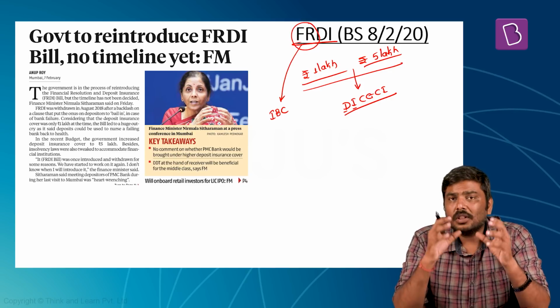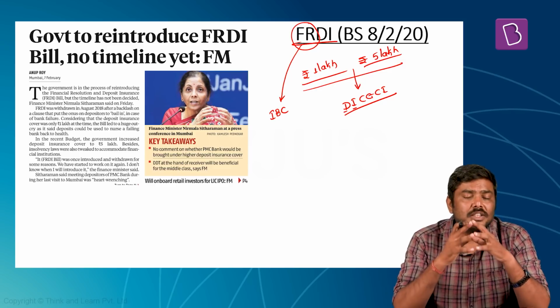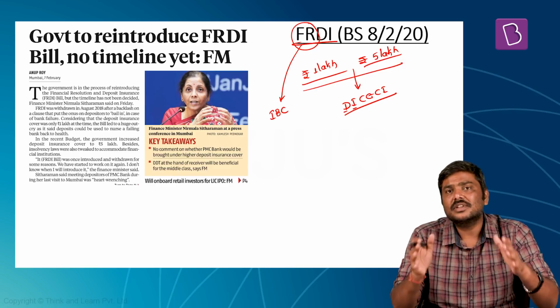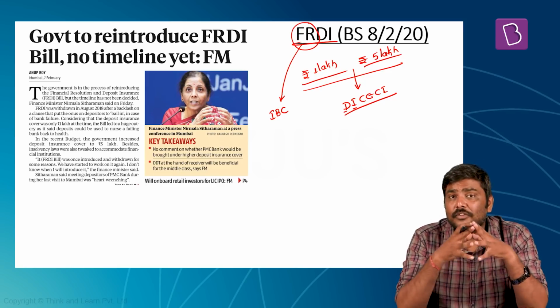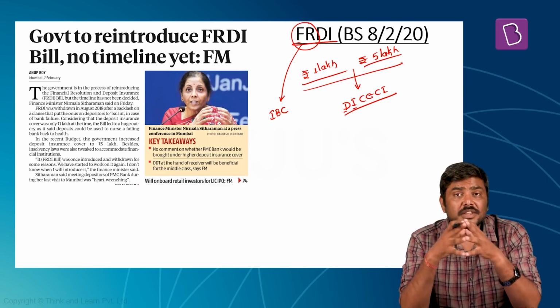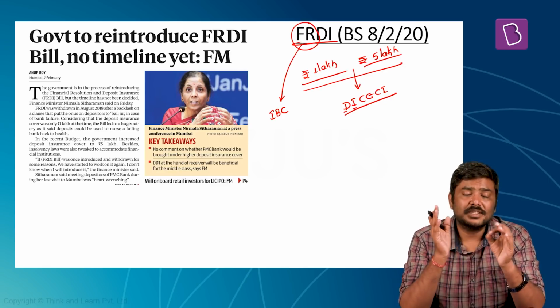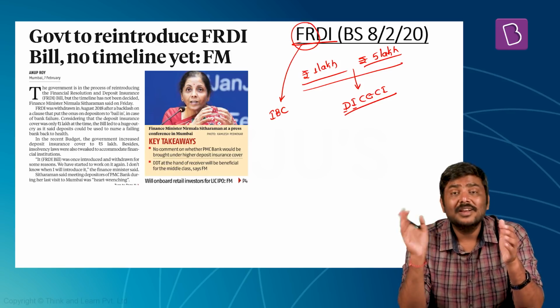But what about all the other financial institutions? Even today, we do not have a consolidated framework for insolvency resolution for these kind of financial institutions. For example, very recently there has been a lot of discussion related to some of the financial institutions in the market, such as urban cooperative banks, such as non-banking financial companies.